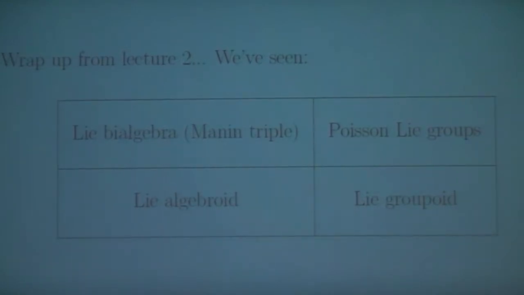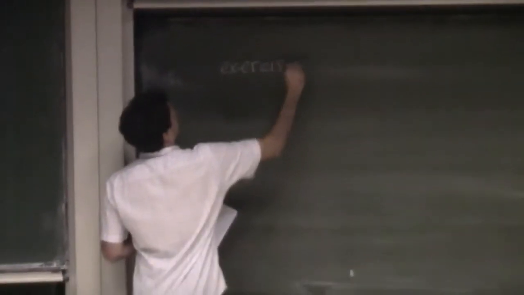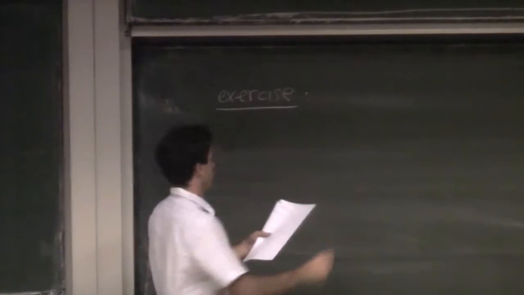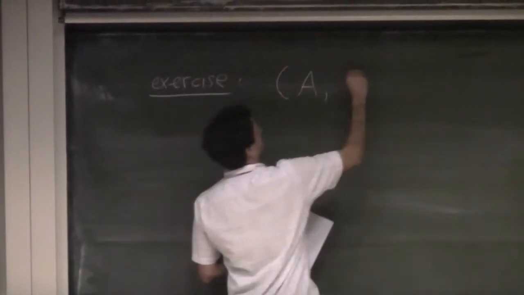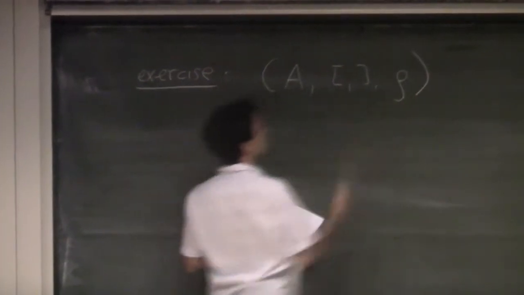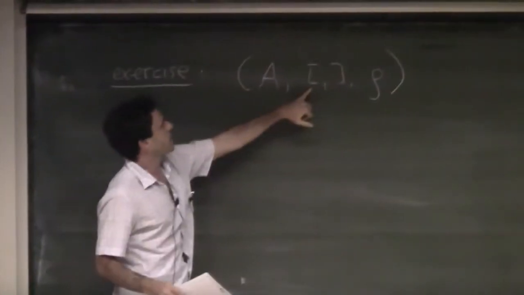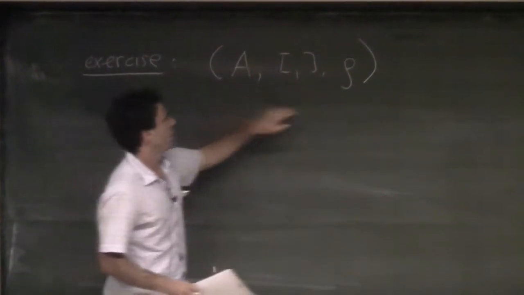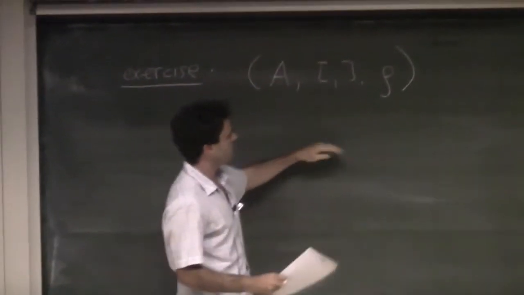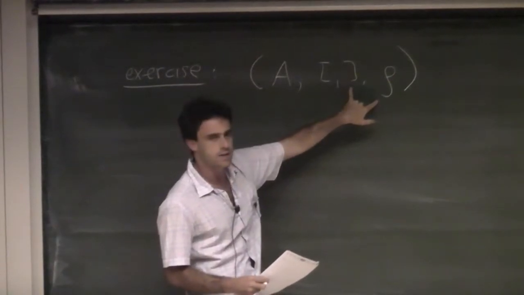And then I discussed a bit Lie algebroids, which are the infinitesimal counterparts of Lie groupoids, and I mentioned a few things about examples and things like that. So one thing that I forgot to say, and I think Yvette reminded me, is that I meant to assign a little exercise, which is just that if you have a Lie algebroid, so remember that basically this is a Lie bracket on the space of sections of this vector bundle, and this was some bundle map from A into TM, and these two things were related by the Leibniz identity.